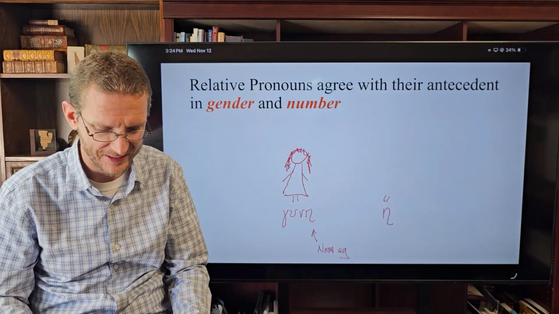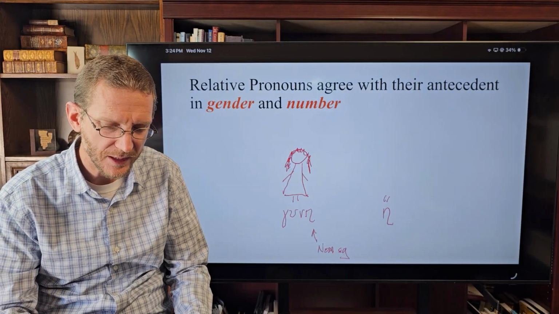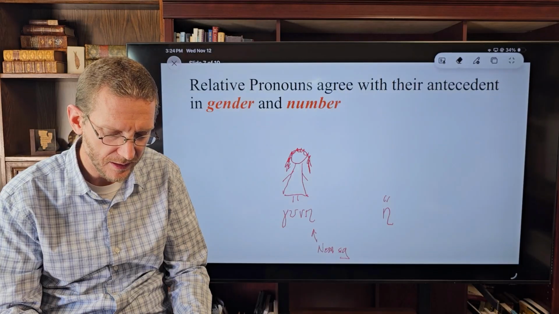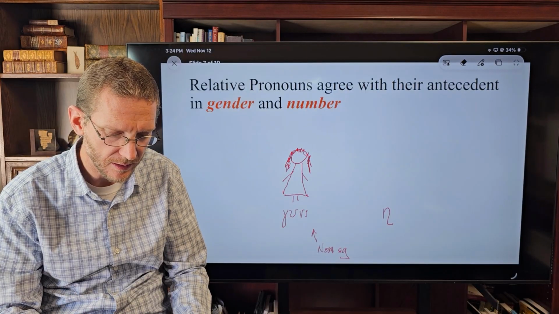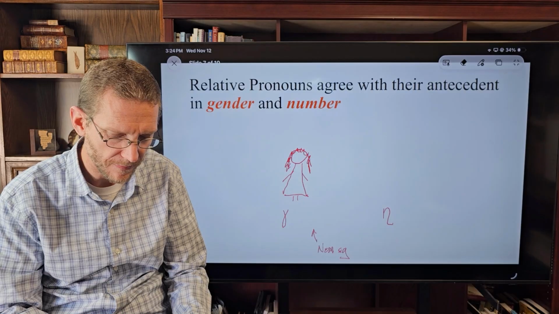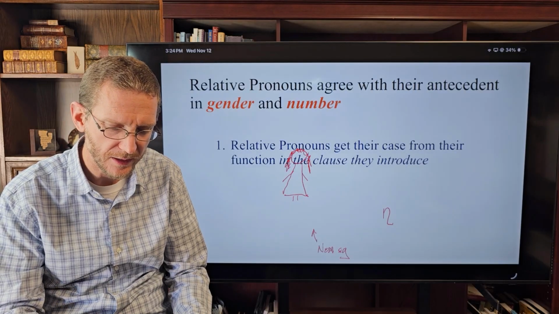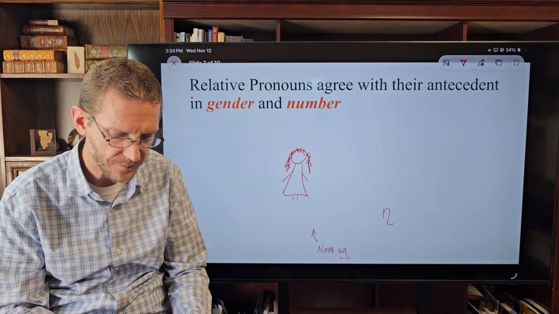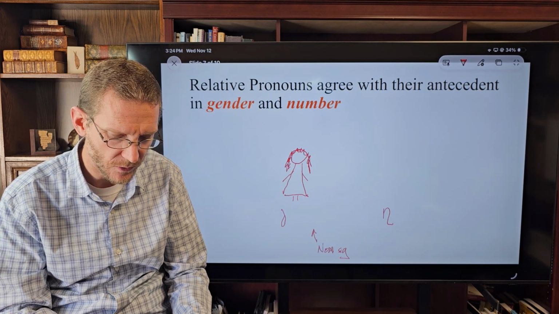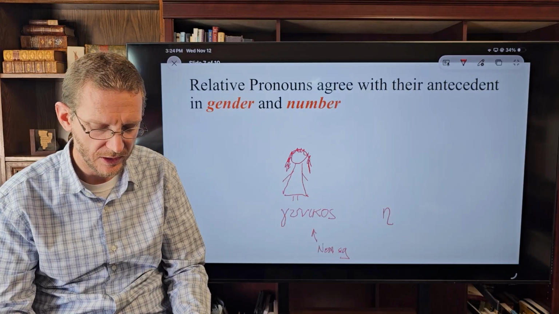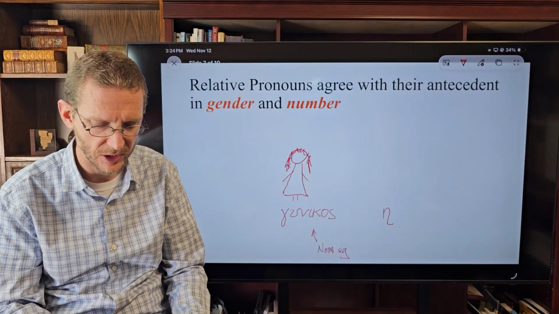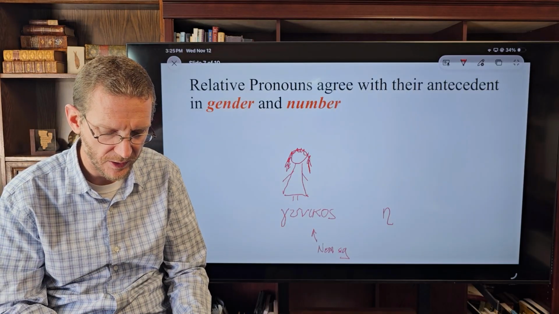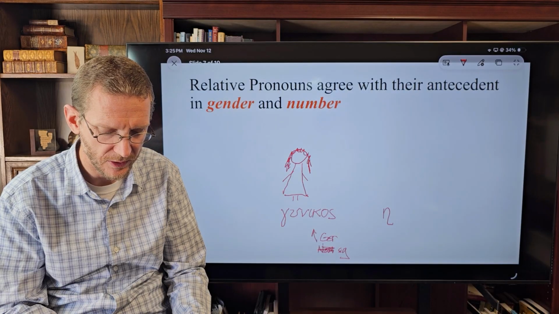Now watch this. If we change the word woman to a genitive singular, so now this is a third declension word, but it's a genitive singular, we would have to write now the genitive here.